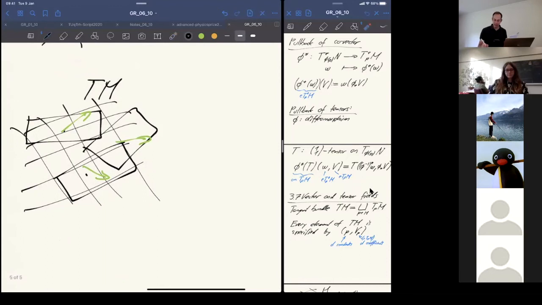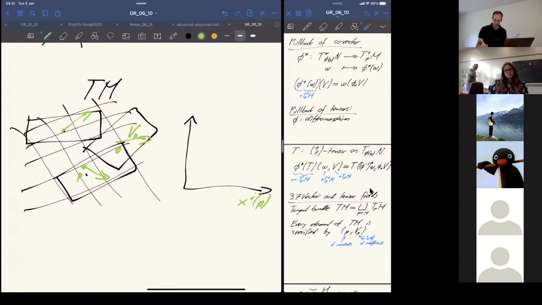Now the Tm has twice as many dimensions. I draw this pictorially by a two-dimensional thing, because before it was just one dimension. So here an object has, first of all, coordinates, a coordinate xi of p. And this is the point where the vector belongs to. So here are some vectors, Vp, but then it also has the actual components of the vector.